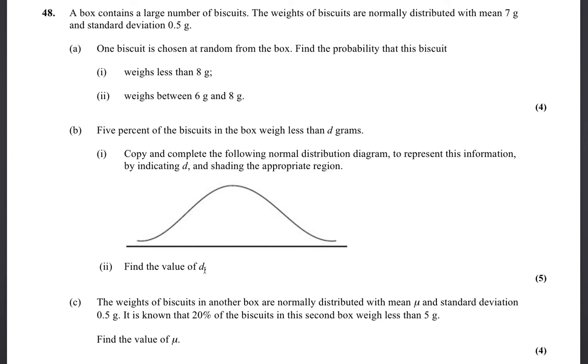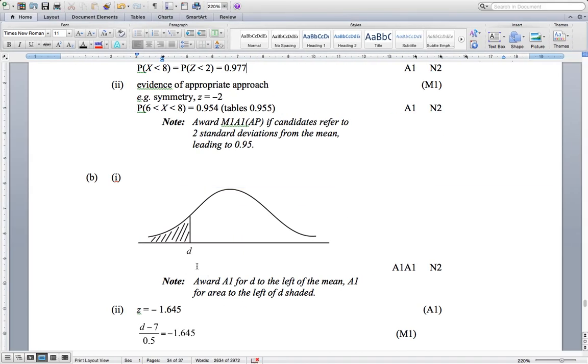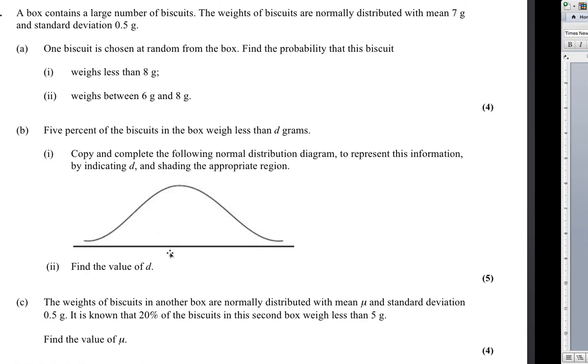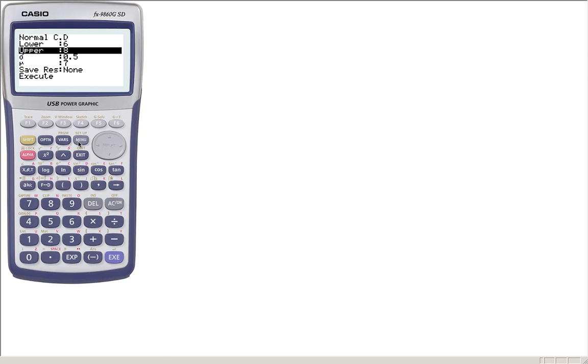Okay. Now find the value of d. Here I know the area. This is 0.05. I need to find the value of d. So I'll use inverse normal. Here again, you can see that the tail is on the left hand side. So exit, distribution, normal, inverse normal, tail is left, area is 0.05, and everything else remains the same.